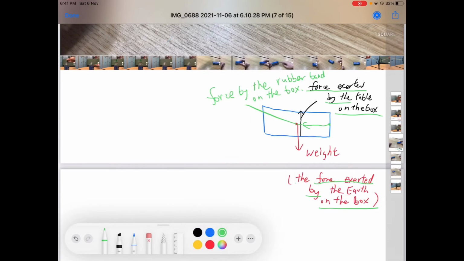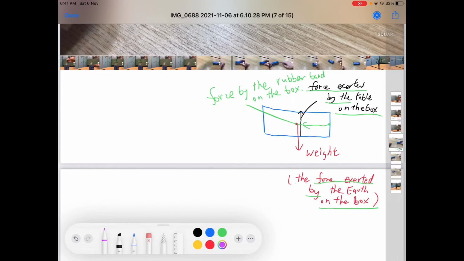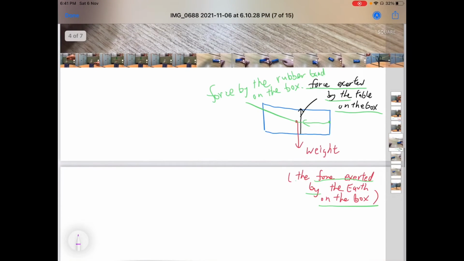Then how about the force by the finger? Well, it should point to the right hand side. And then the force should be added somehow here. So in the diagram, it should start from the position of the purple dot, and this force is pointing to the right direction.